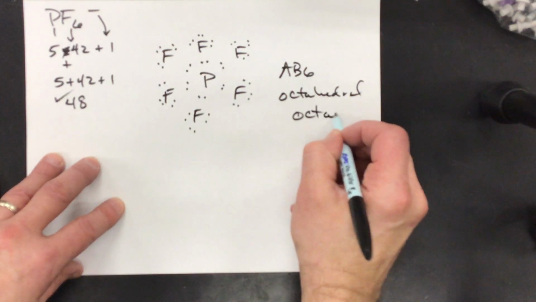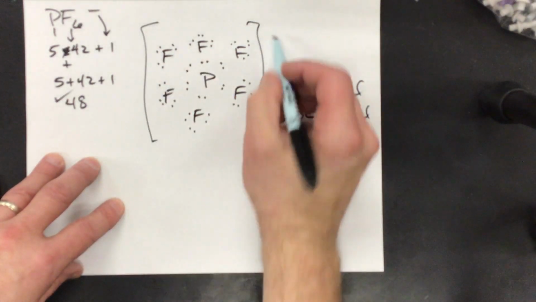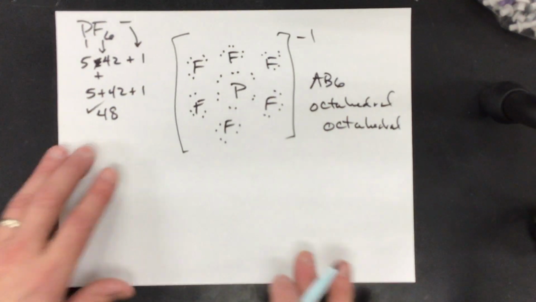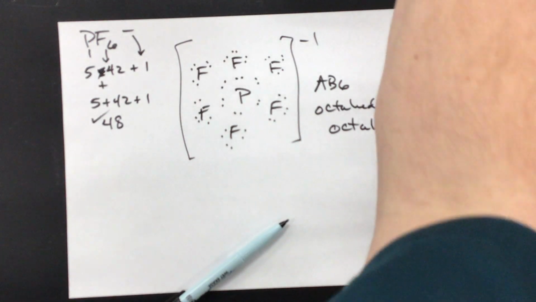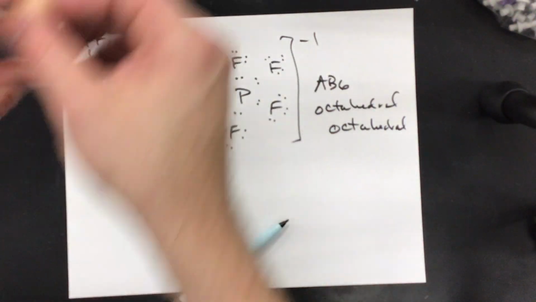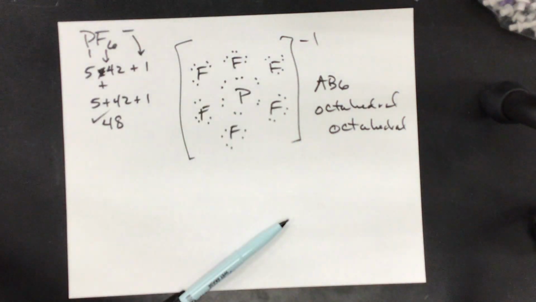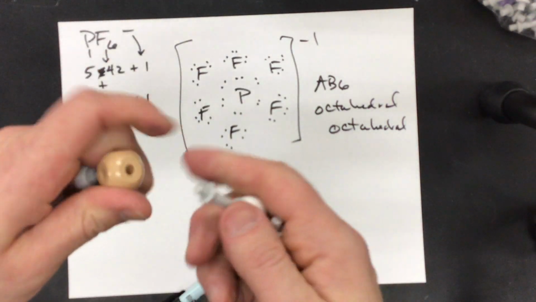Then the only other thing would be to put square brackets around it because it's got a -1 charge. Overall charge is -1. So what do you do for that? Well, we need something that's going to be able to accommodate a total of 6 bonds. I think the beige or tan ones are going to be able to do that for us. We're going to put that around here and make our octahedral structure.